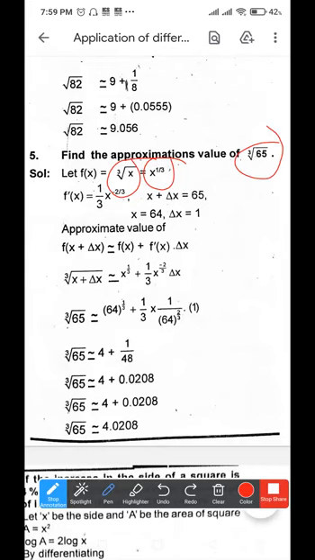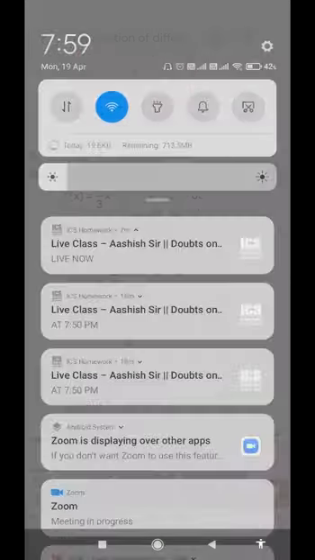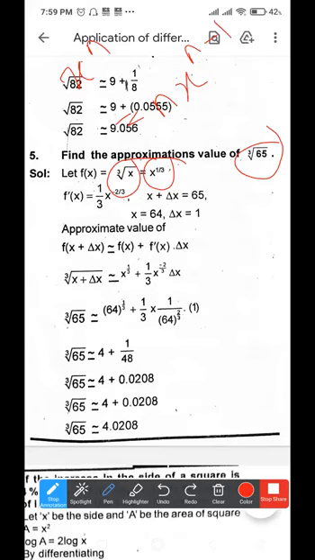Differentiation of x power n is nothing but n x power n minus 1. Find the differentiation of x power 1 by 3. It will be 1 by 3 x power minus 2 by 3. Now x plus delta x is equal to 65.